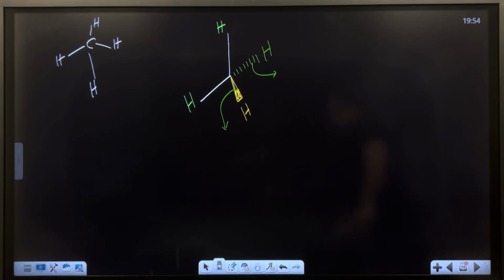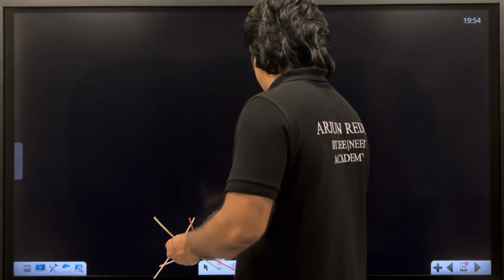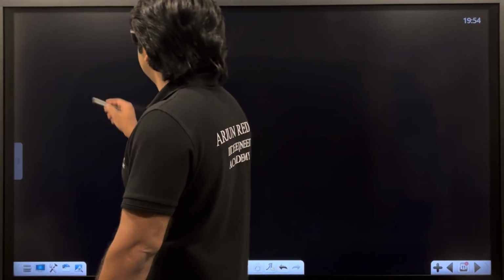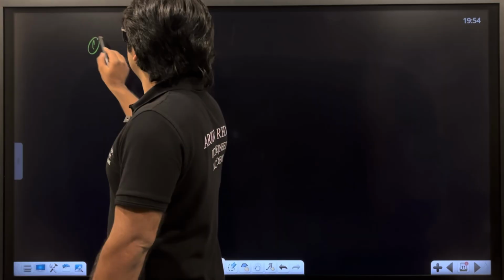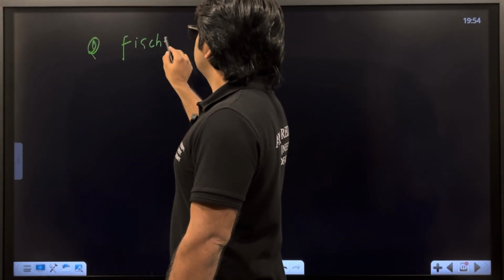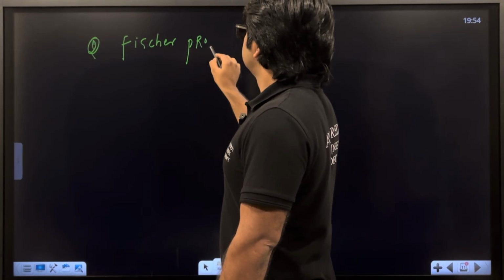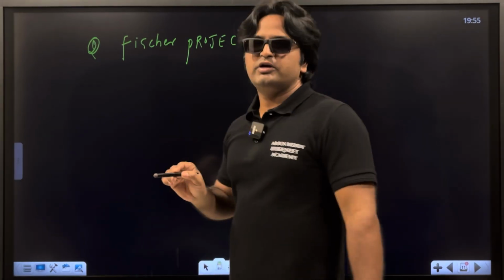Next, for example, the second molecular representation is Fischer projections. Here a lot of points are there, very important, right?